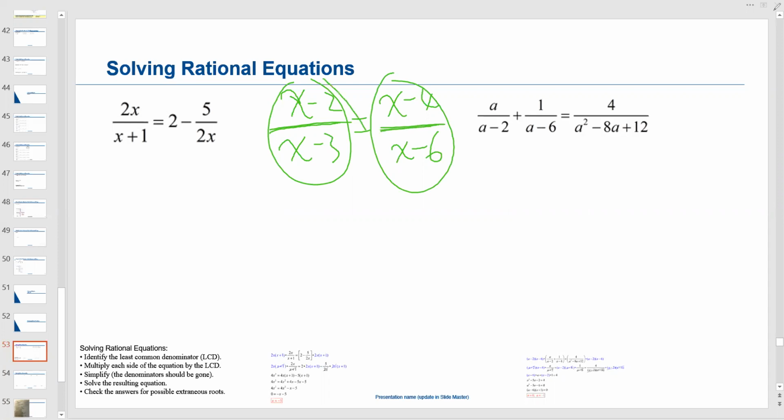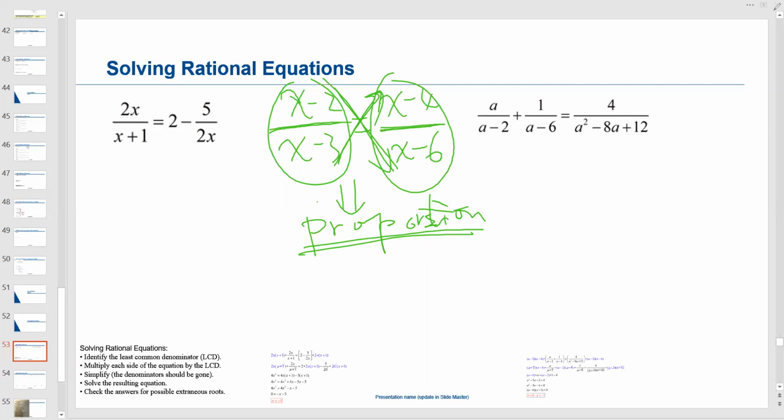So use the cross multiply method, right? You can use the cross multiply method to get the solutions. This is called a proportion, the extended part.